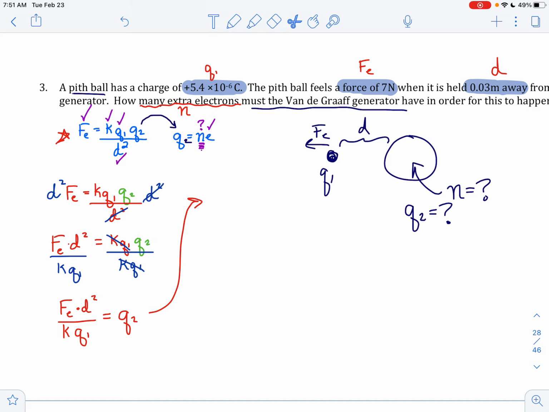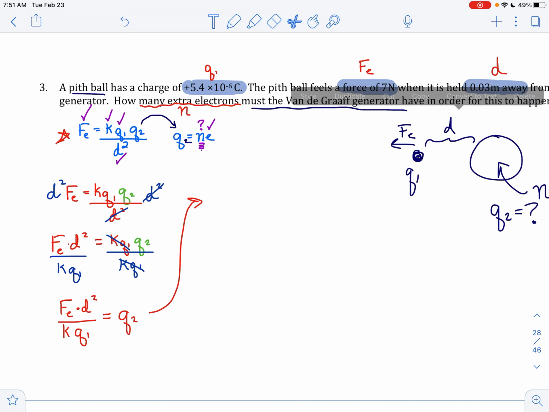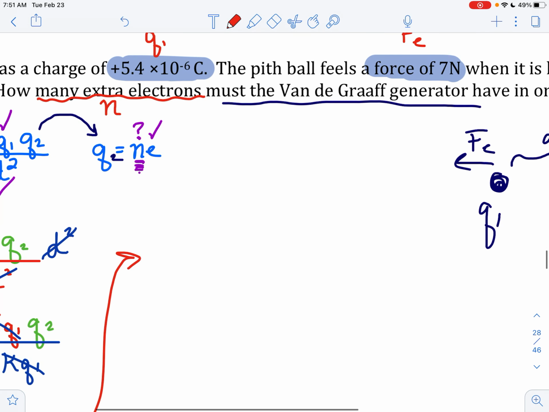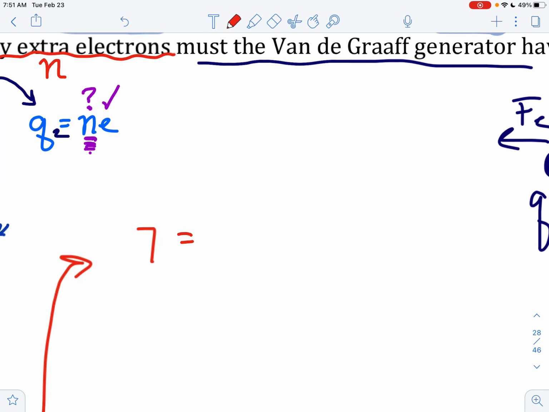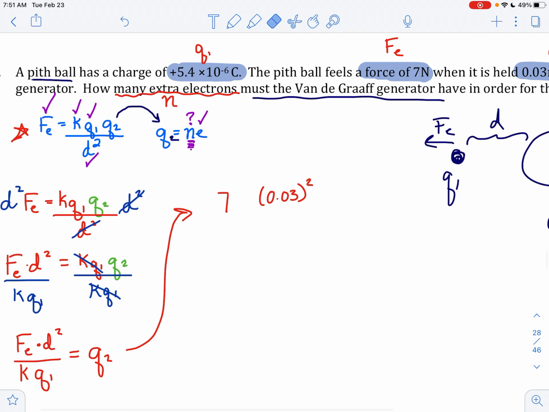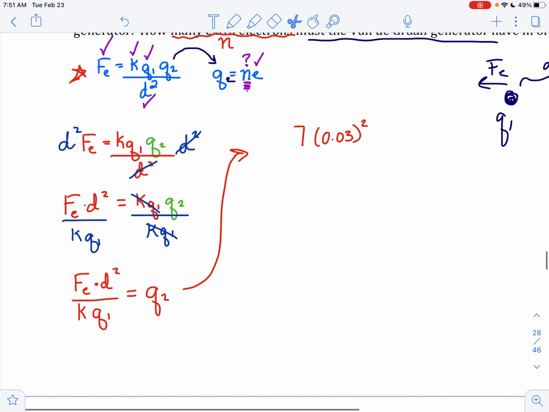So let's just plug in some numbers here. Let's get this out of the way. So Fe is 7 newtons. d squared is 0.03 squared. Oops, and I wrote equals there. My bad. So I'm just using this equation.